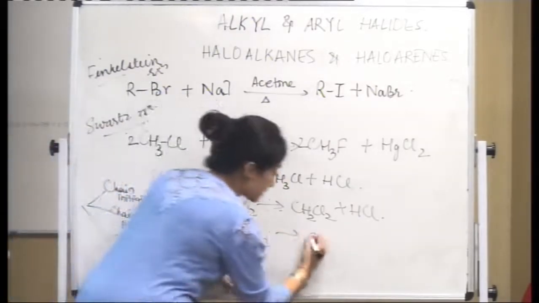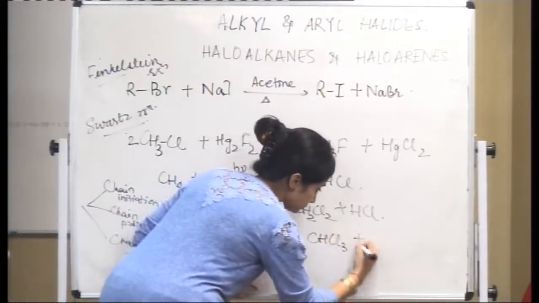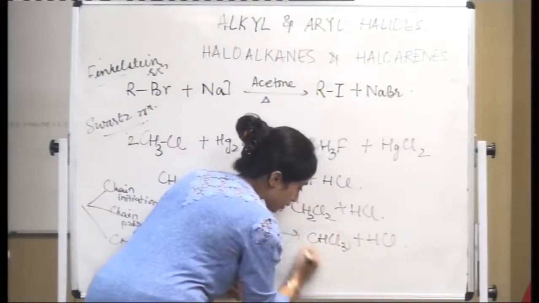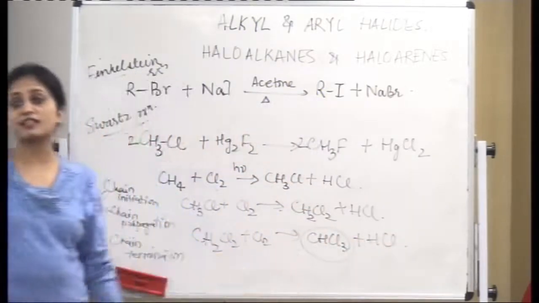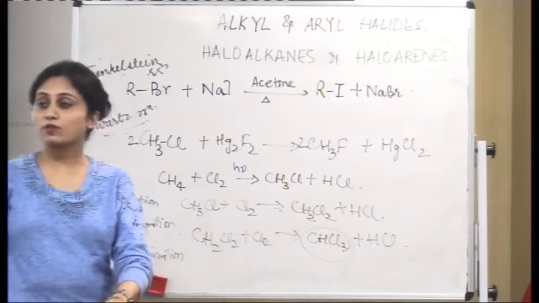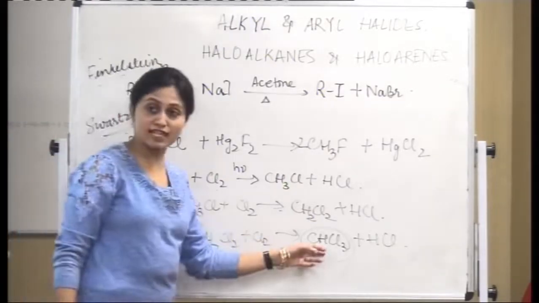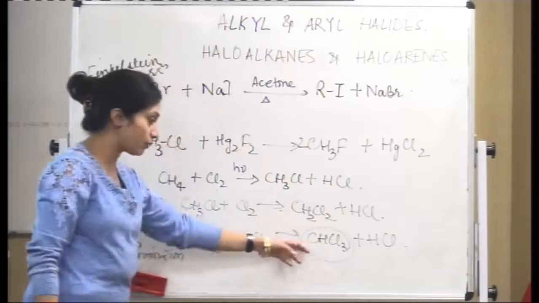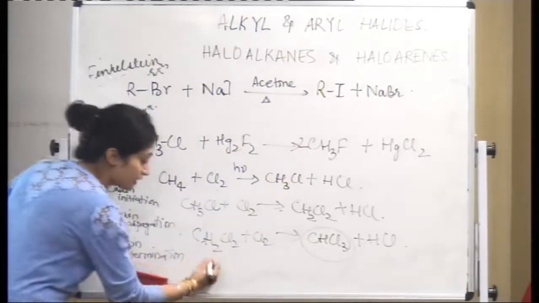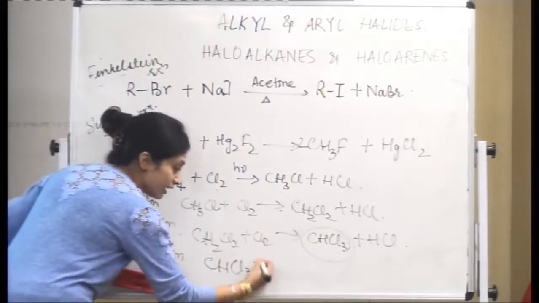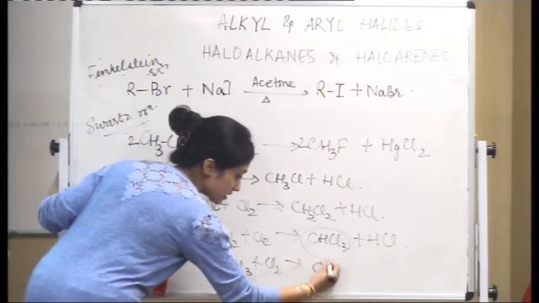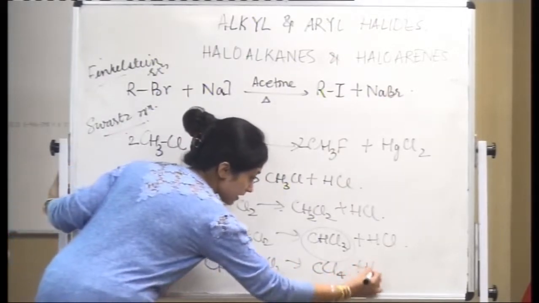CHCl3 plus HCl. Remember one formula here: this CHCl3 is chloroform. What is chloroform? CHCl3. What is chloroform again? CHCl3. So chloroform will get formed, and it continues till it forms carbon tetrachloride. CHCl3 plus chlorine will form CCl4 plus HCl.